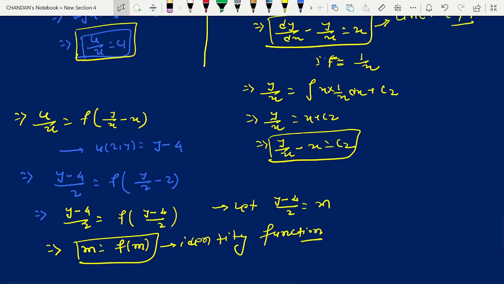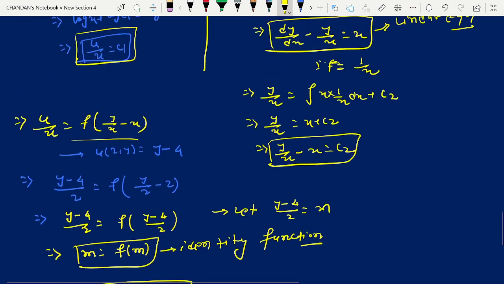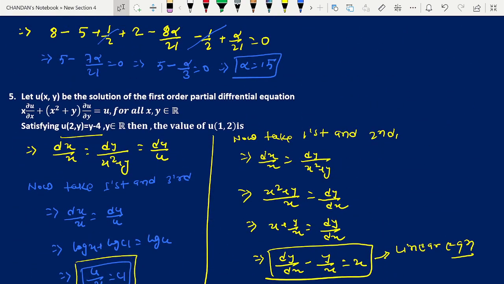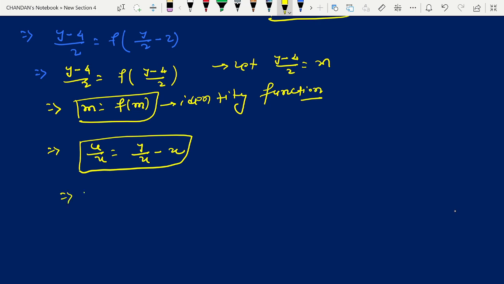So what we write here, just we write u by x is equal to y by x minus x. So this is our main equation. And after that, what they asked is to find the value of u of 1, 2. Here we write u(x, y), sorry, our variables are x and y, then u by x is equal to y by x minus x.